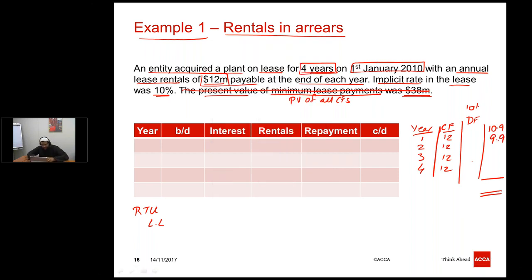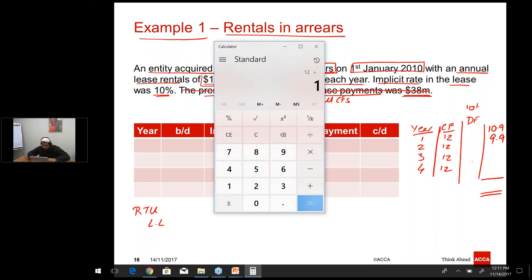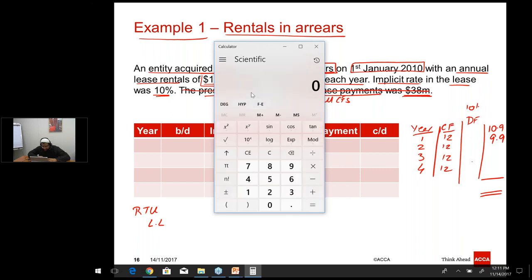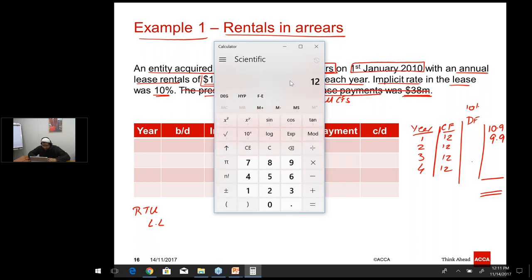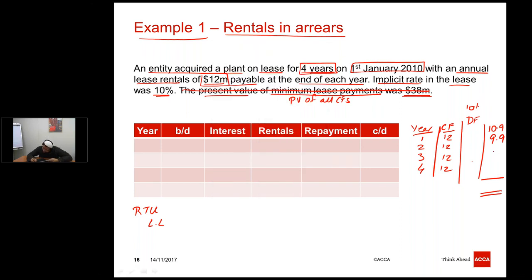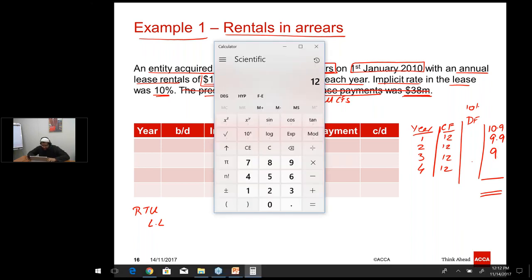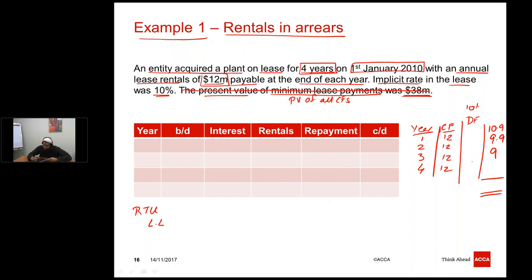For year 3, 12 divided by 1.1 to the power 3 gives 9. And in the last year, 12 divided by 1.1 to the power 4 gives 8.2.